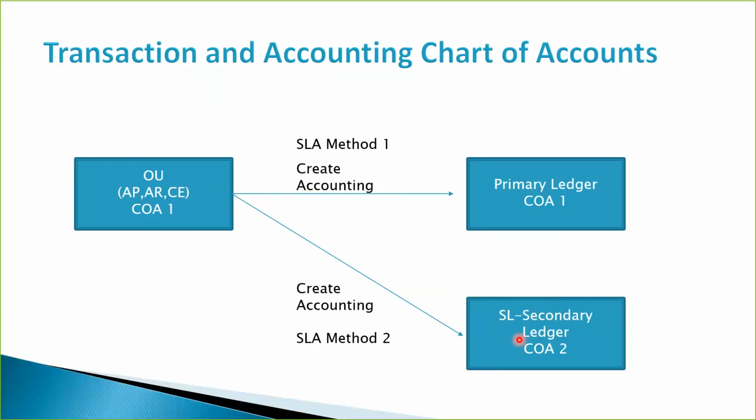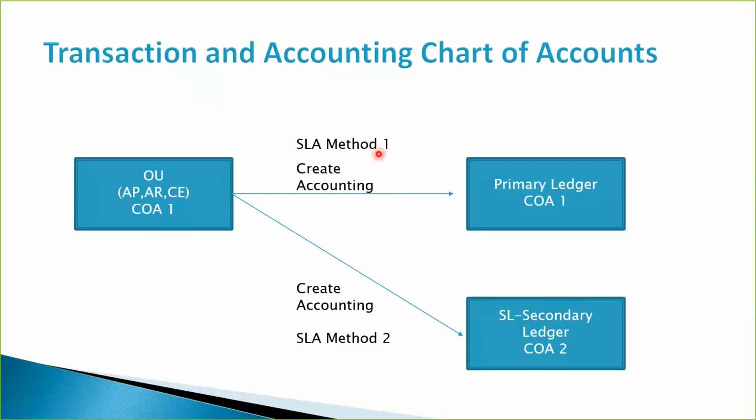All right? Now, what have we said about these two ledgers? One, they'll have different chart of accounts. Okay, so you can see here COA1 and COA2, and then they will also have different sub-ledger accounting methods.